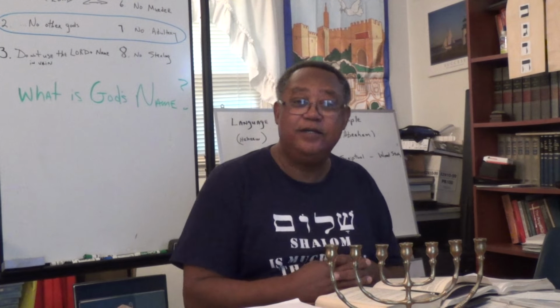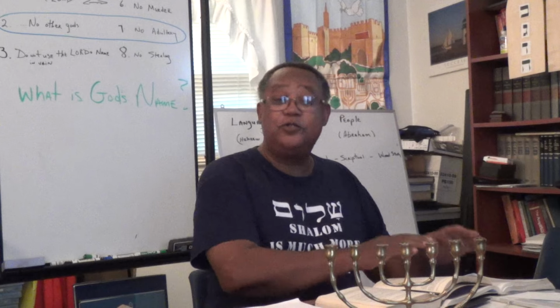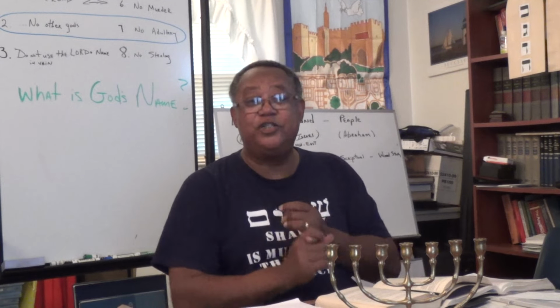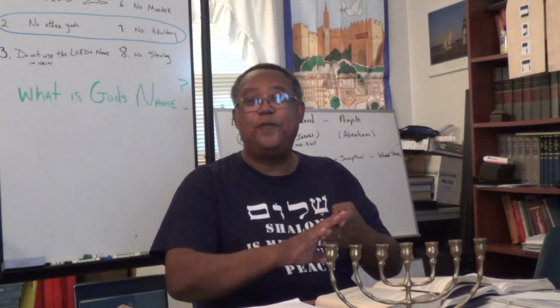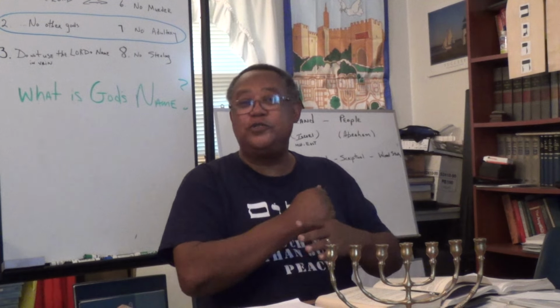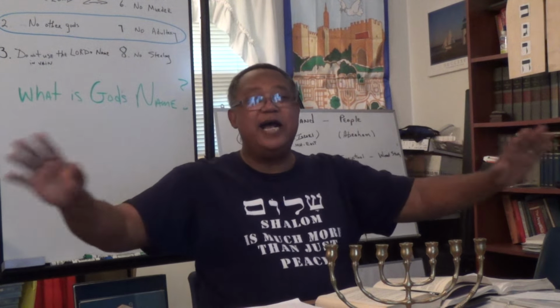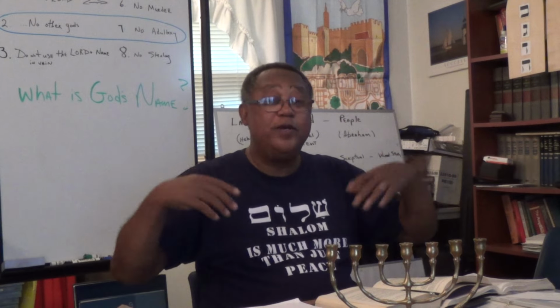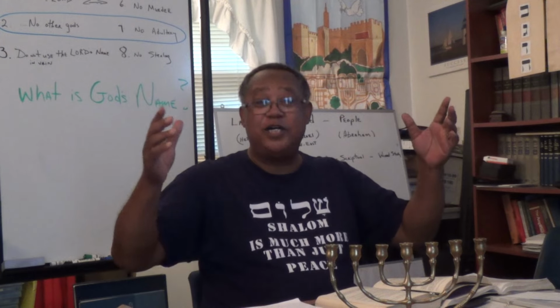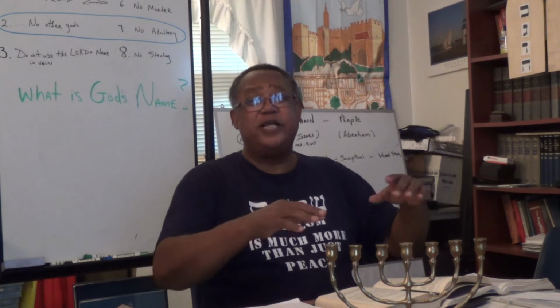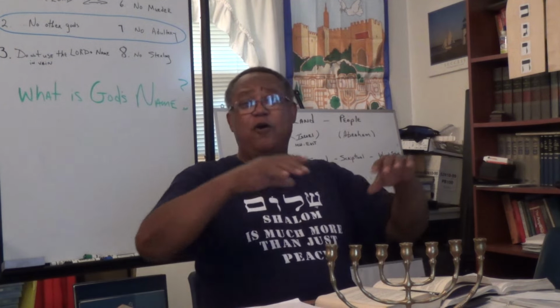What God? You look in the Holy Scriptures, and you see names such as Ishtar, Baal, Zeus, Jupiter, Apollo. You'll see all kinds of names. Because we know from history that the Greeks had 12 major gods, plus a whole bunch more. The Romans had 12 major gods and a whole bunch more.